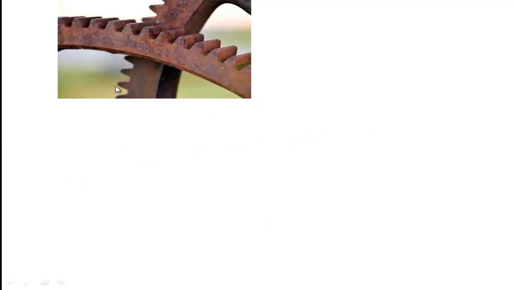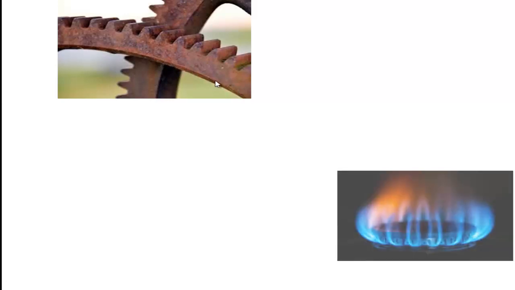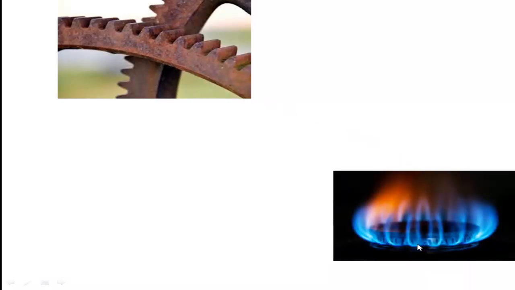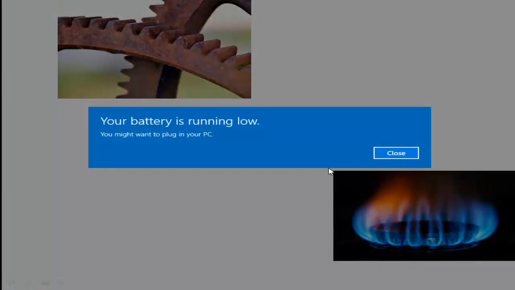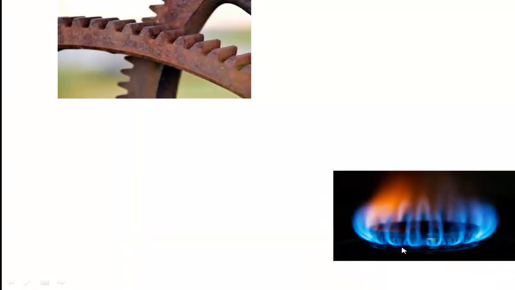This is rust formation, isn't it? So if I say you compare this rust formation with this burning of fuel, can you say whose rate of reaction is more? Yes, easily you can say that the burning of fuel has a reaction rate more than that of rust formation, because to form rust more time is needed.